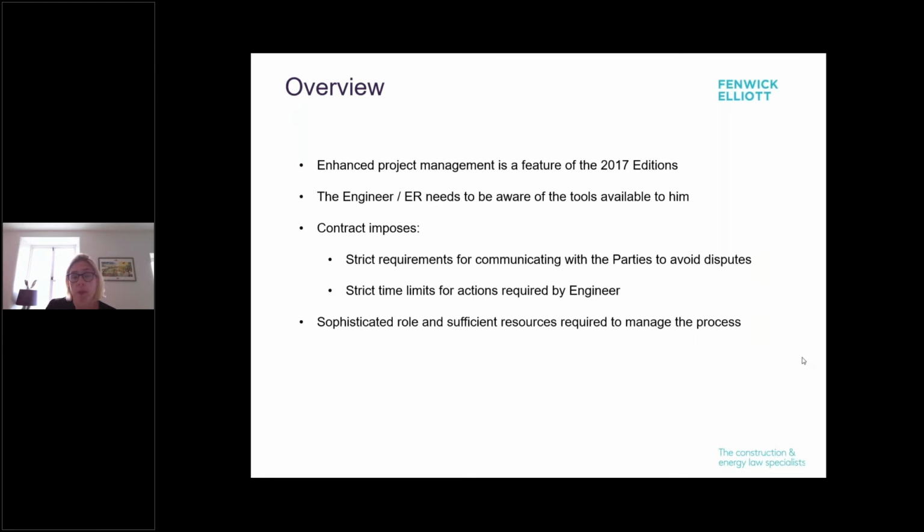The contract, for example, imposes strict requirements for communicating with the parties to avoid disputes on notices, for example, and also strict time limits for actions required by the engineer as well as time limits generally, and as I said, Beth will cover time bars and deeming provisions later. It's a sophisticated role and there need to be sufficient and good enough resources available to manage that process.